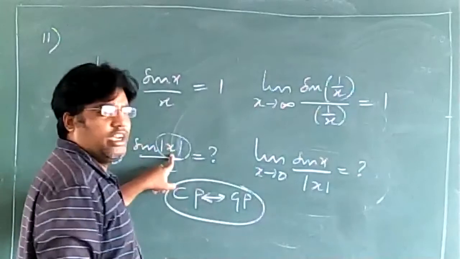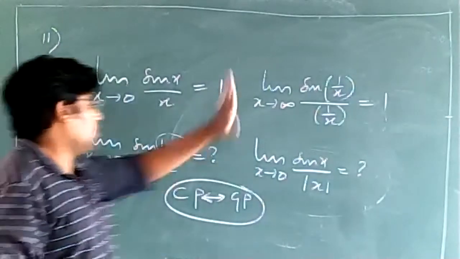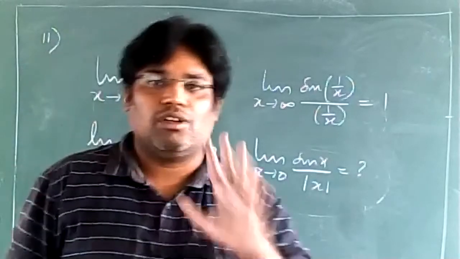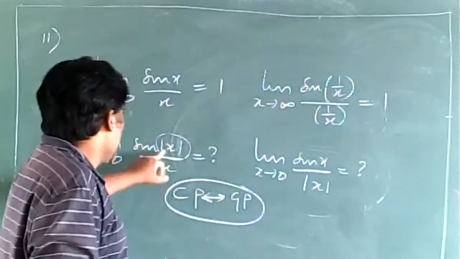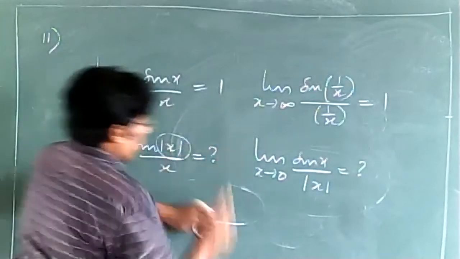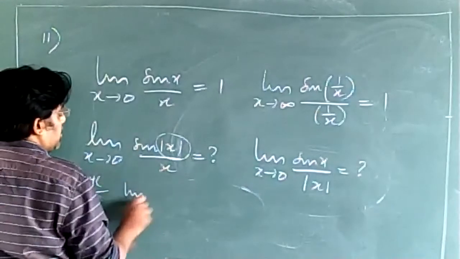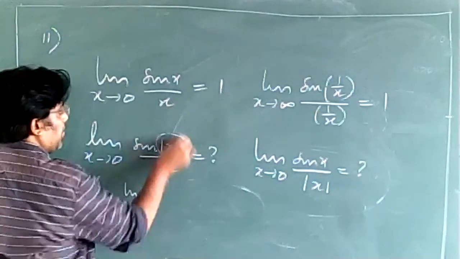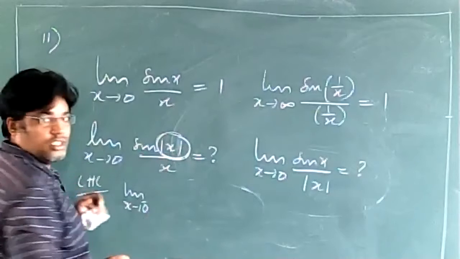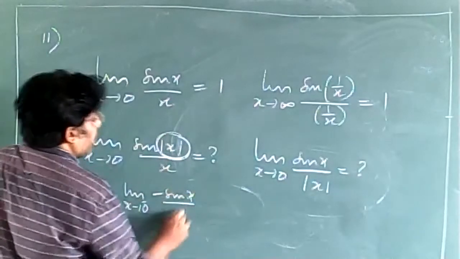The critical point of sin mod x is 0. Is it matching with the given point? Yes. So it does not exist. The limit does not exist here. Because let us see what the left hand limit becomes, we will check this. The same expression for this. Left hand limit: limit x tends to 0 minus, put minus x. Sin of minus x is what? Minus sin x by x.